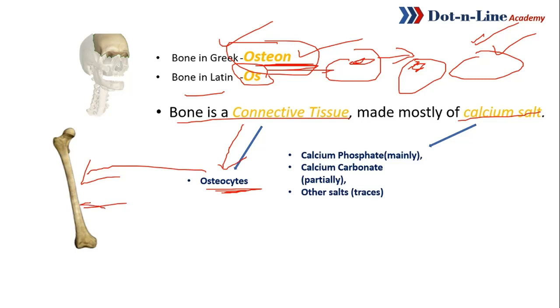More than 90% of the body's calcium is present in bones, and the most abundant salt is calcium phosphate. After that, calcium carbonate is present in lesser amounts, and there are traces of different salts also. So we can say that bone is a reservoir of calcium and phosphate of our human body, right?